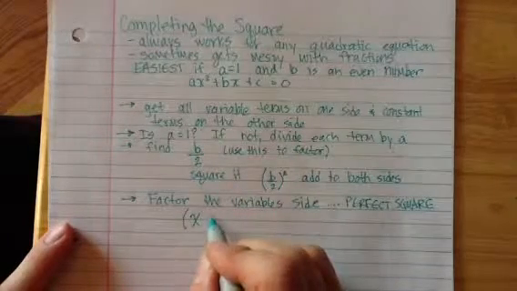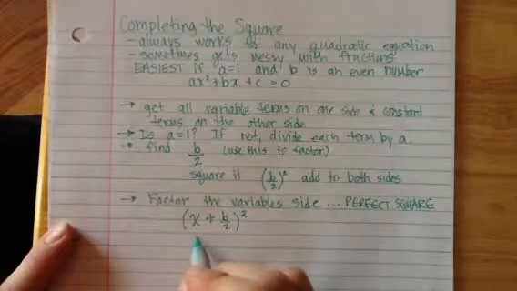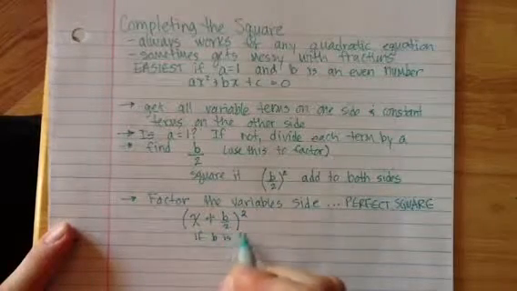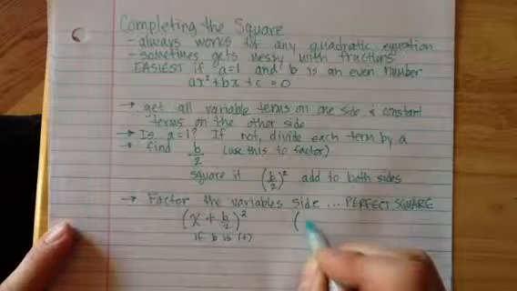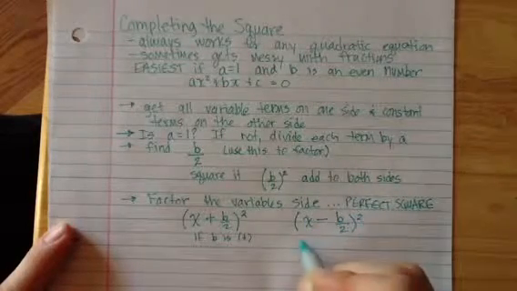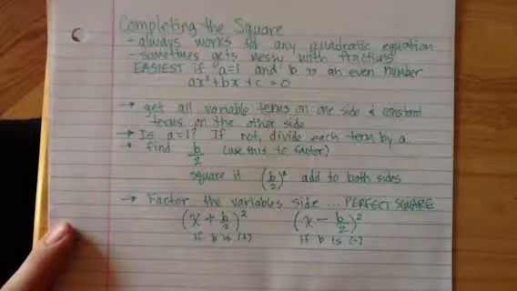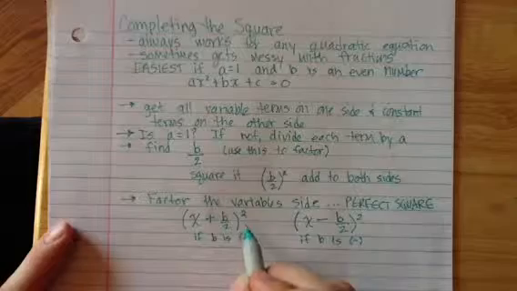If b was positive, it will be x plus b over 2 squared. If b is negative, it will be x minus b over 2 squared. And then this will be equal to some number.